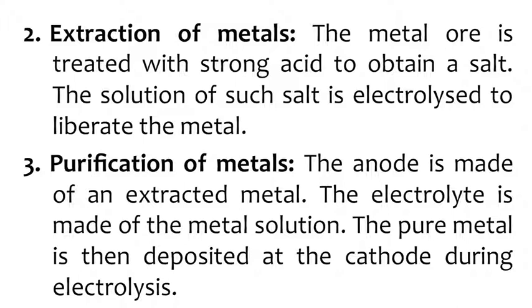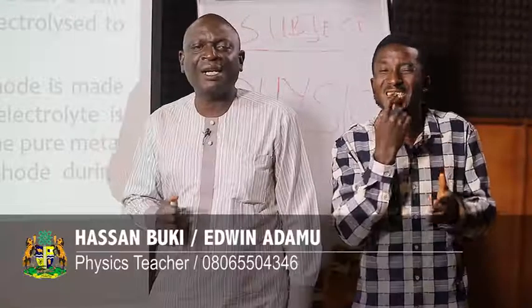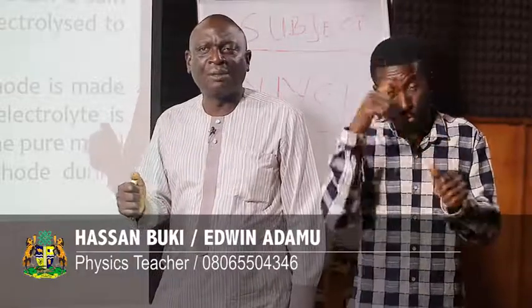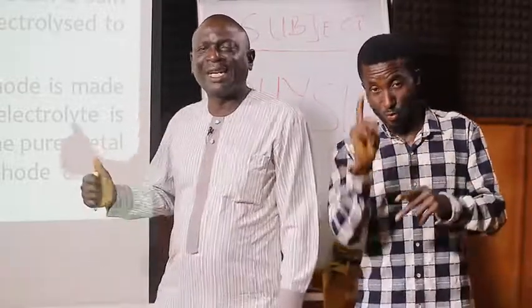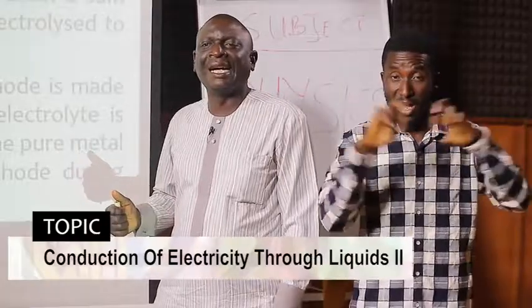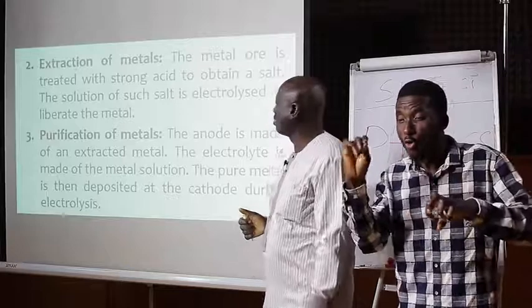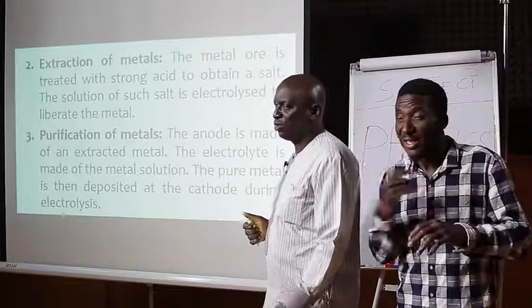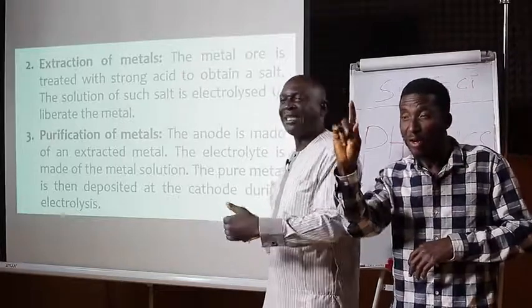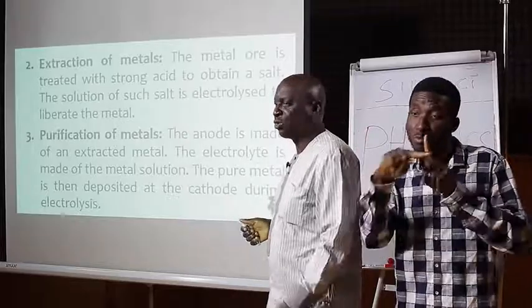Number 3, electrolysis is used in purification of metals. The anode is made of an extracted metal. If you remember, in our part 1, we said electrodes are the solid conductors used in an electrolysis, and the anode is the positive electrode.